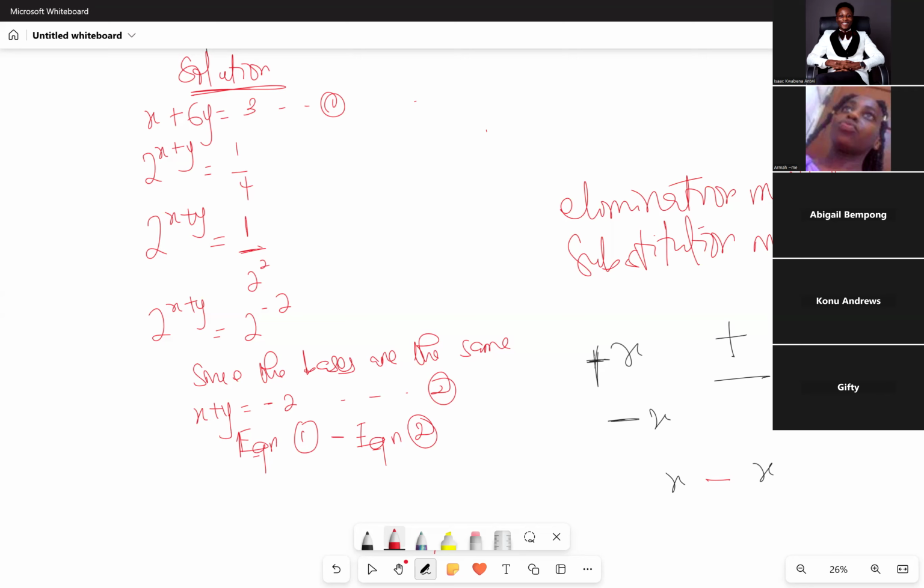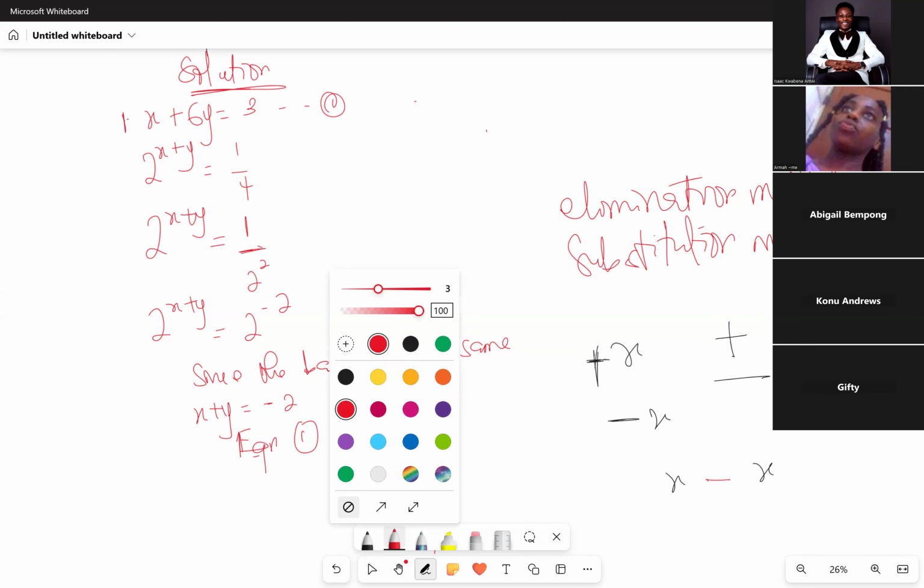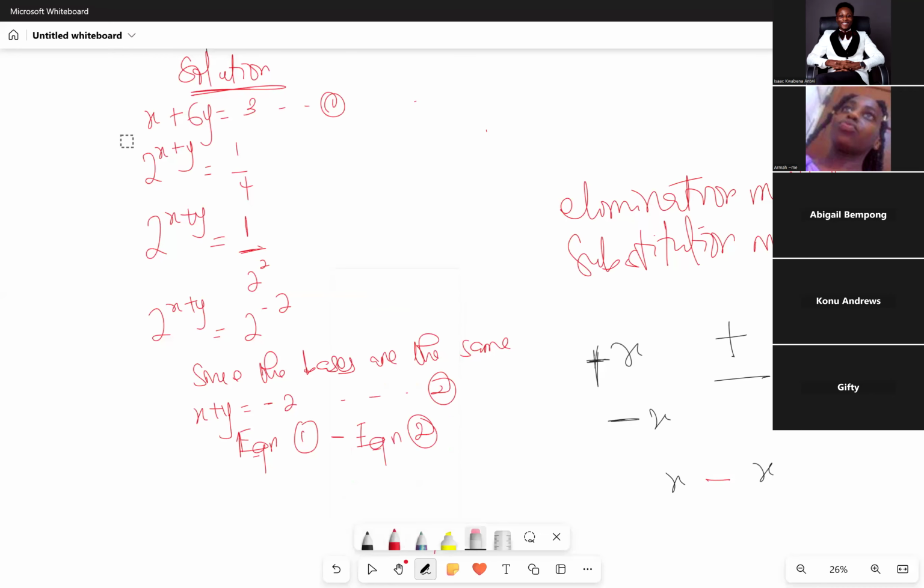So what will happen? You said equation 1 minus equation 2. Equation 1, I have x. Let's start with it. We have x here, and the x at the top minus the x in equation 2 here. X minus x will be what? 0. You get it?